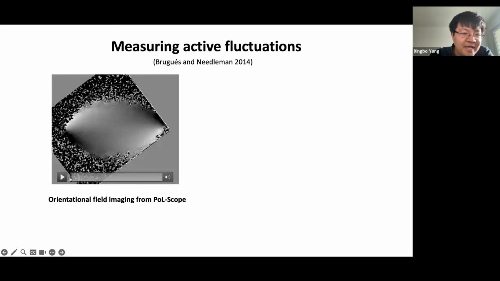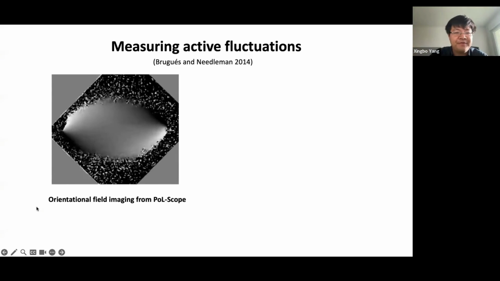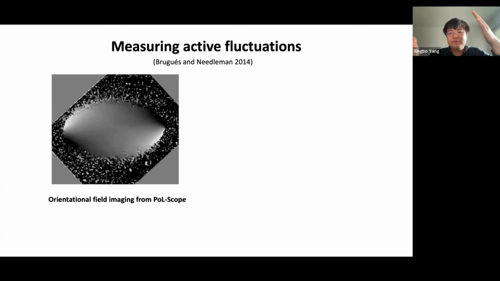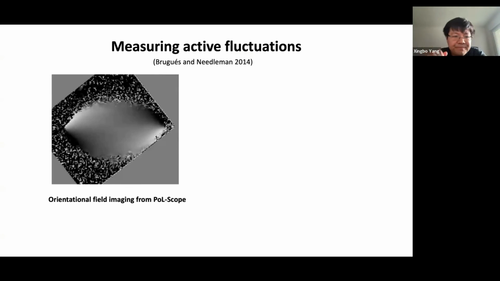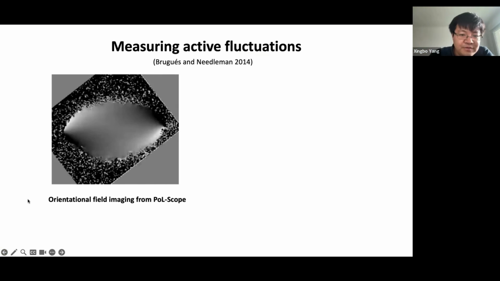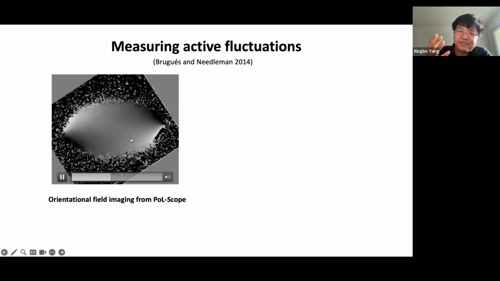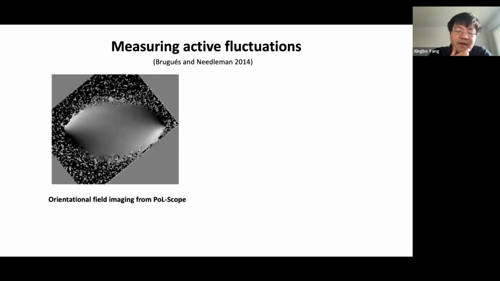For example, one thing they can do is measure this director field. In this case, the director field is basically the polarity field, except now you normalize it, so it goes from 0 to 1. You can directly visualize or measure this field with what is called polarization microscopy, by taking advantage of the birefringence properties of microtubules.